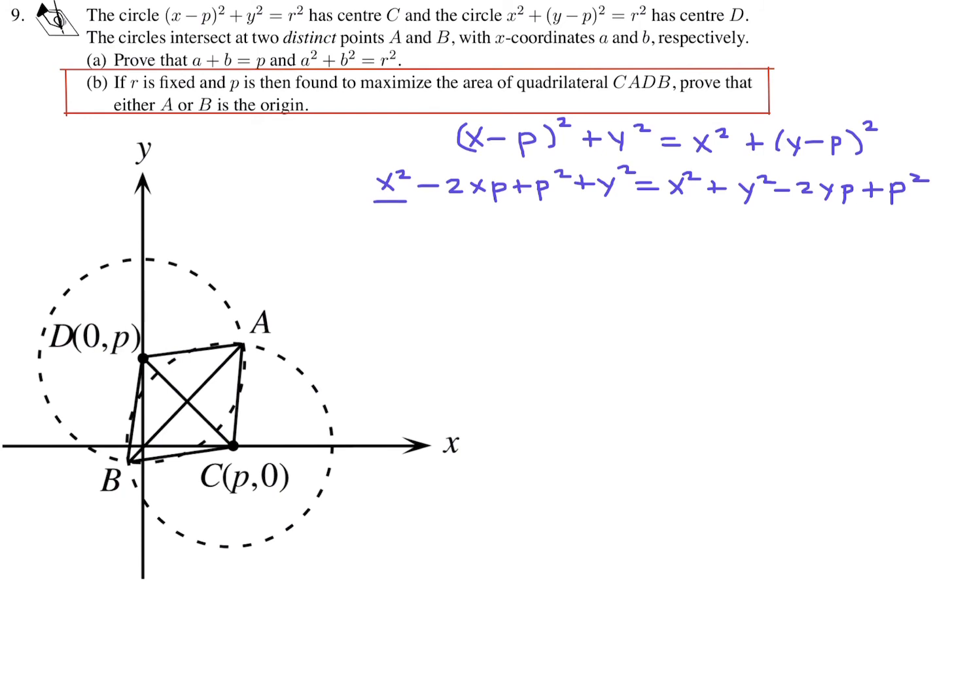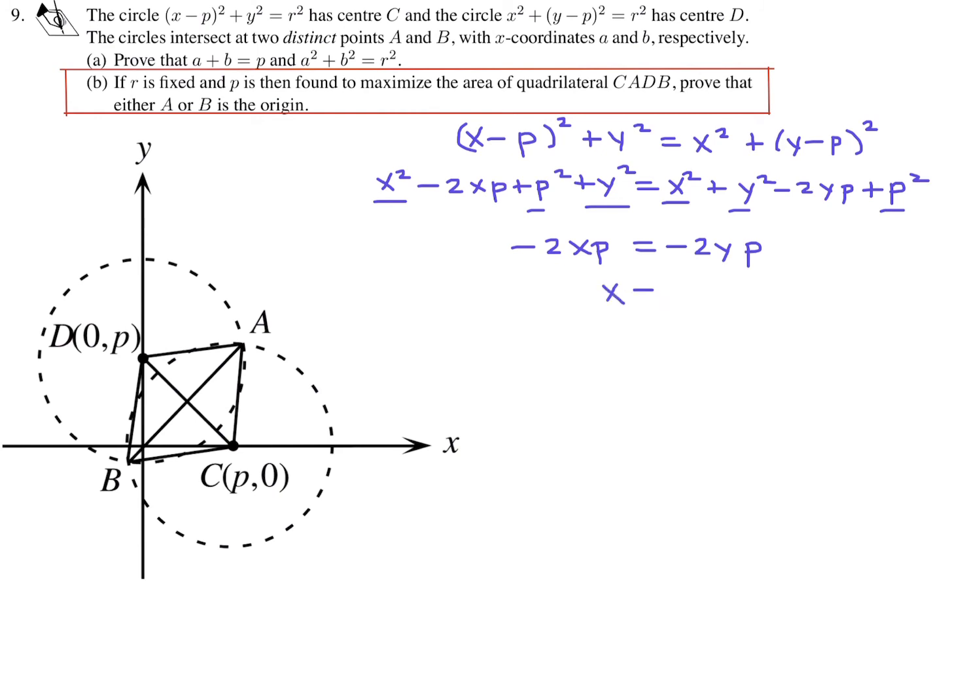And then a whole bunch of things cancel, fortunately. The x squareds go, the y squareds go, and the p squareds go. So all you're left with is 2xp is equal to minus 2yp, like that. And then this basically leaves me with just x equal to y.